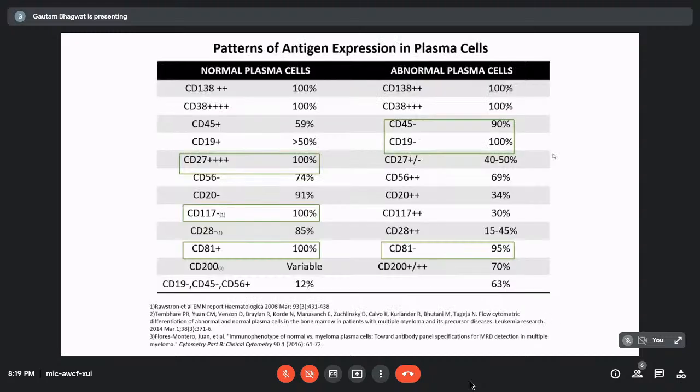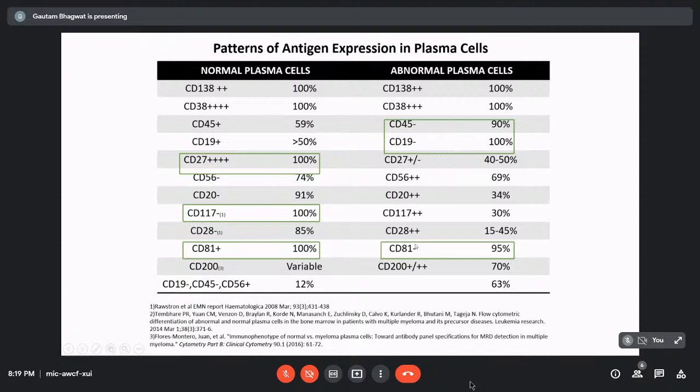What is important here is to know what is a normal plasma cell and what is an abnormal plasma cell. So if you look at an abnormal plasma cell, you will never see a CD19. CD45 is very dim or almost negative in more than 90% of the cases. CD27 is positive in almost 100% of the normal plasma cells.